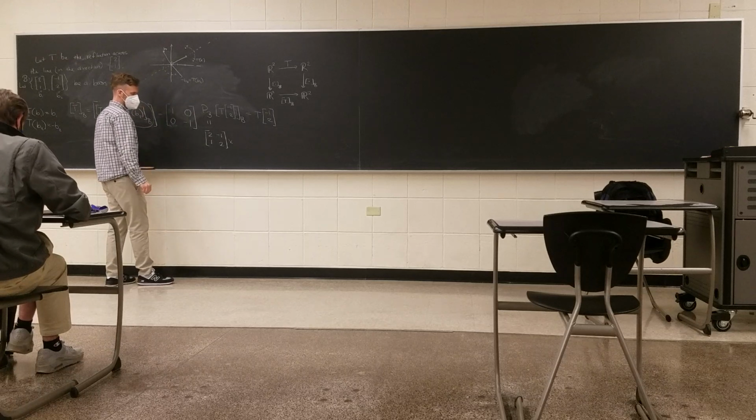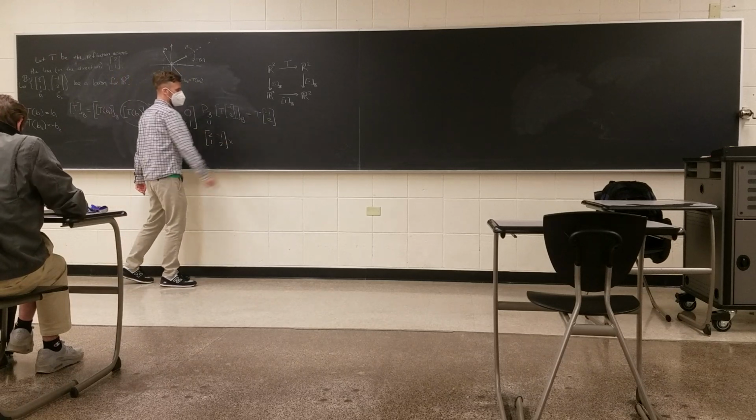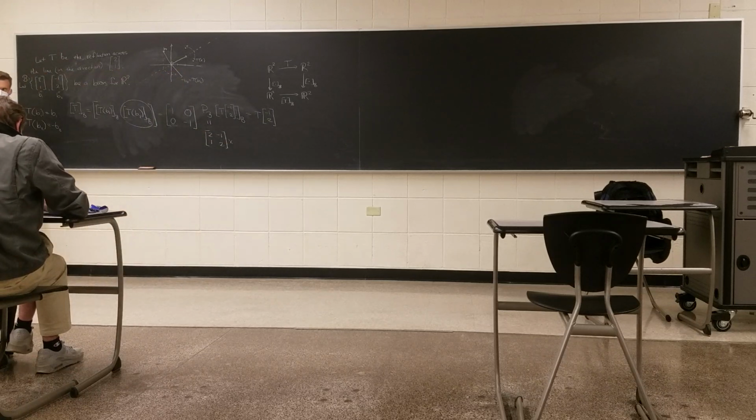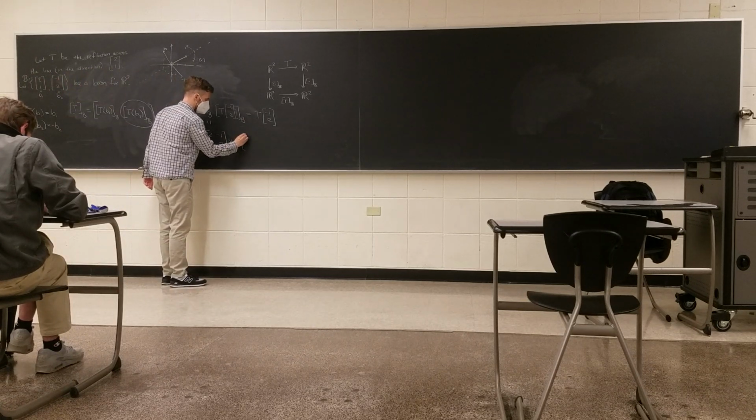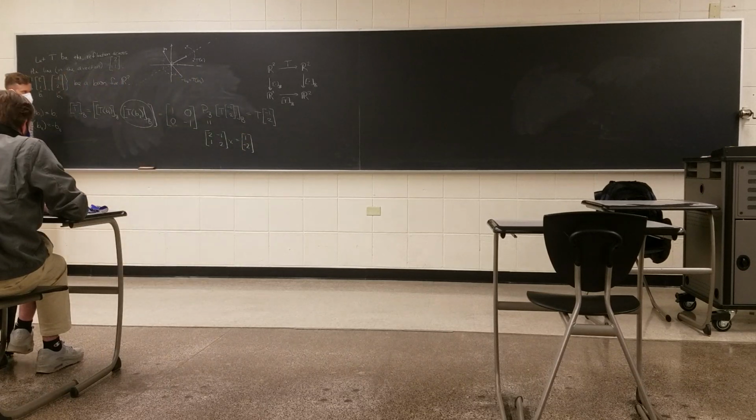That's the thing we're trying to figure out. And then we need to figure out what the transformation does to this element. And like I said, these two basis elements were picked so that it's easy to see what the transformation does to them. So there should be 1, minus 2. We pick one of them to be on the line and one of them to be perpendicular to the line. So when you flip it across the line, it's negative.